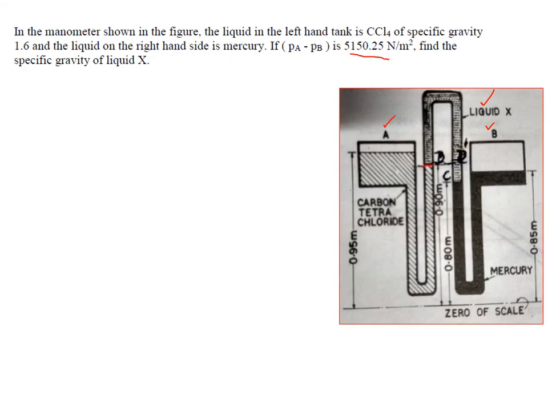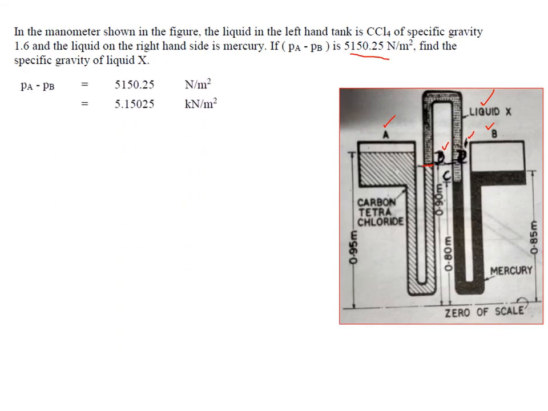We cannot take pressure at C equal to C dash, because it is not continuous liquid. So you can equate pressure at D equals pressure at D dash. You can start from B and come down to D dash, and start from A and go up to D, so that you can equate these two and solve for any unknowns.